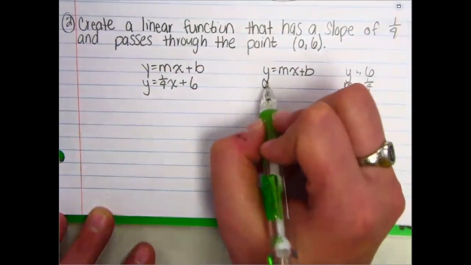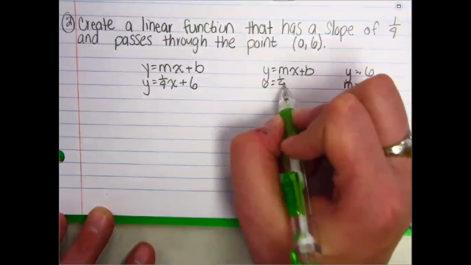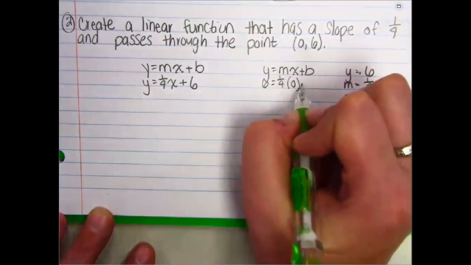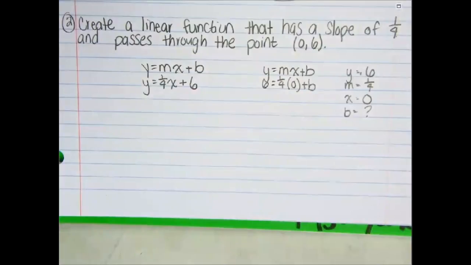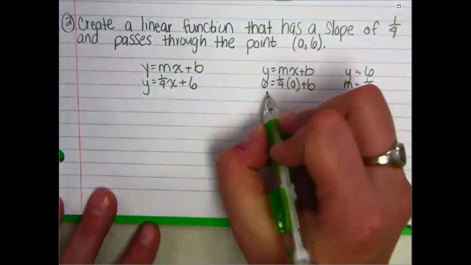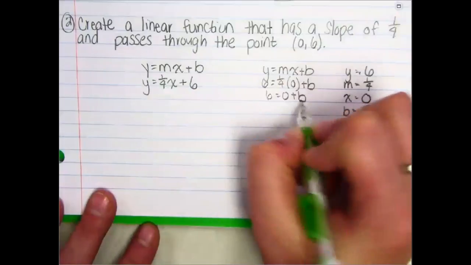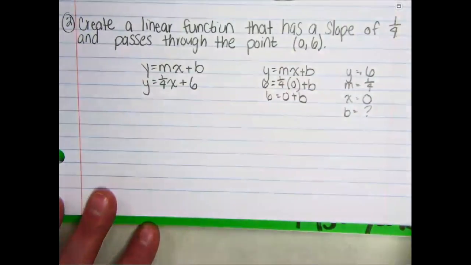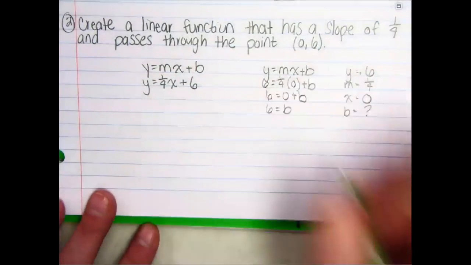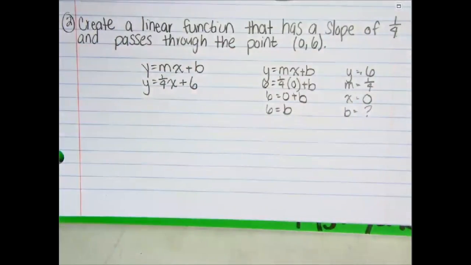I could substitute each variable in that I know. Well, what's 0 times any number? It's always going to be 0. And if you add 0 to any value, does it change its value? No. So it still works that way.